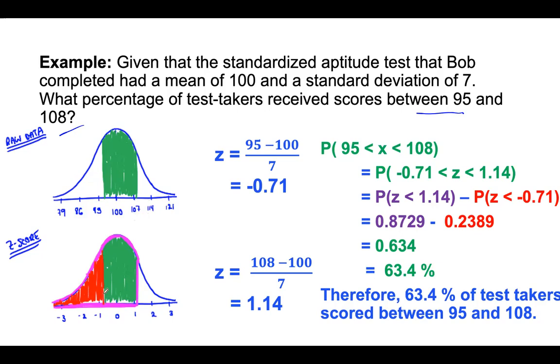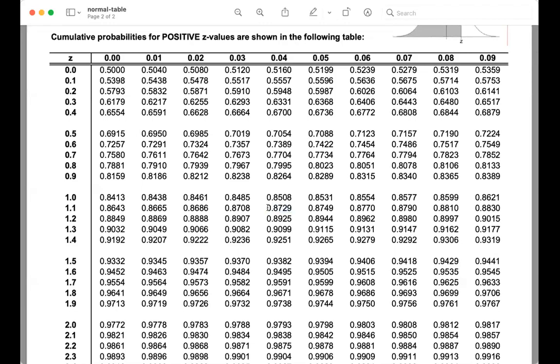Then we look these up on the table, like we've been doing. The first one is 1.14, which is here, I believe.